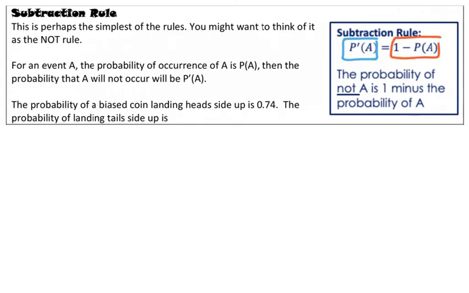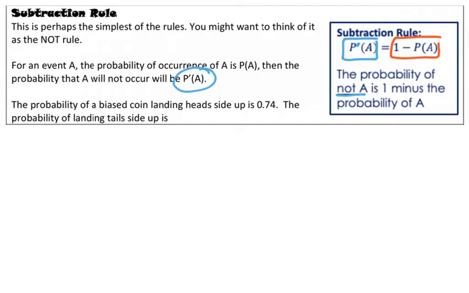But anytime you see that little apostrophe right there, that means the probability that not A is happening. Okay, so it looks really weird. It's pretty easy though. This is perhaps the simplest of the rules. You might want to think of it as the not rule. So for an event A, the probability of occurrence of A is probability of A. Then the probability that A will not occur is right there, the little P apostrophe A.